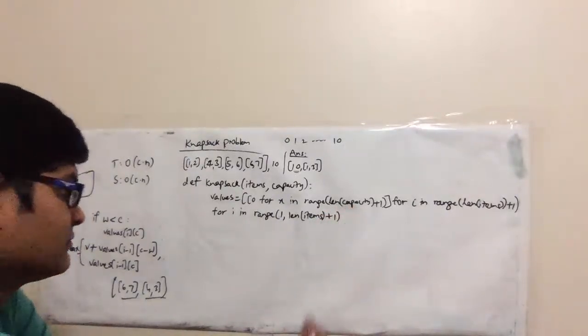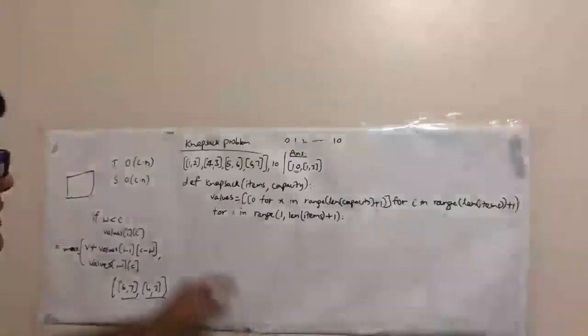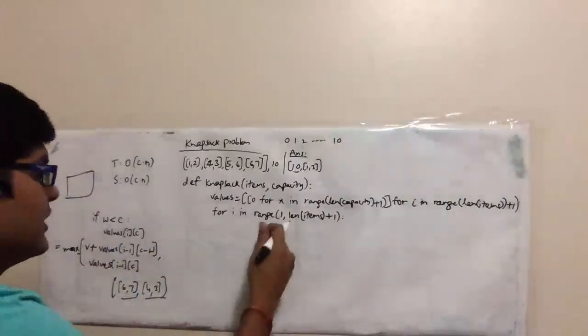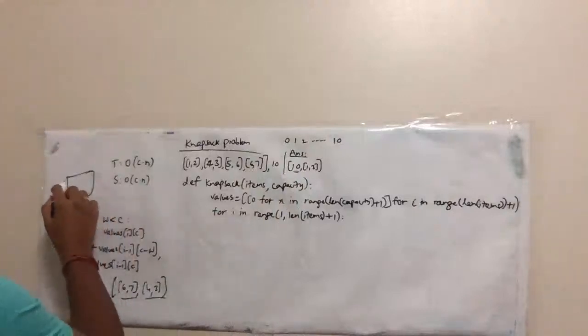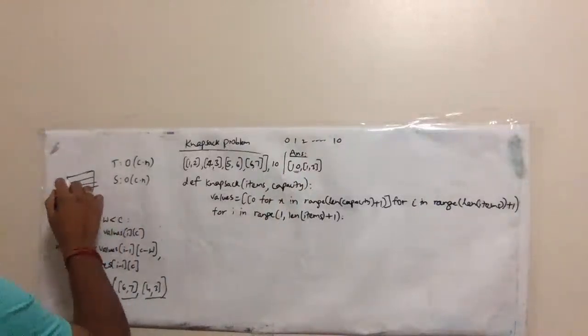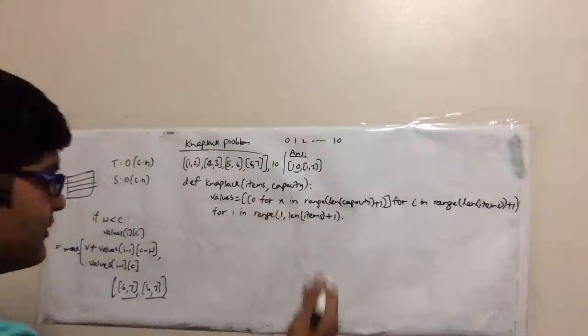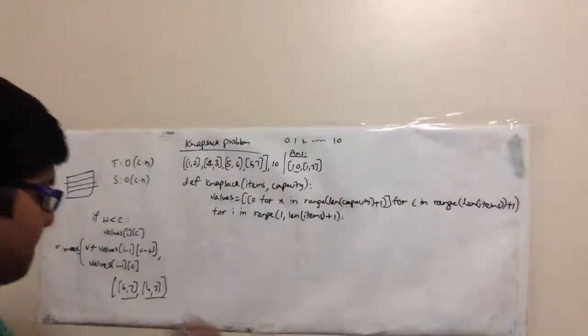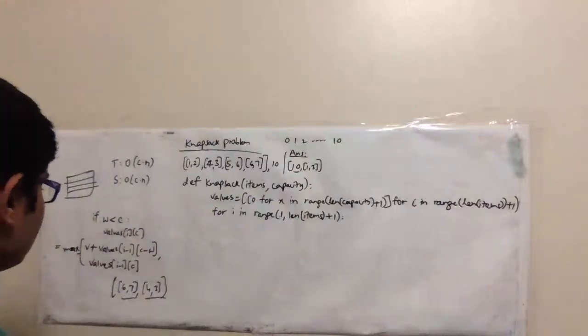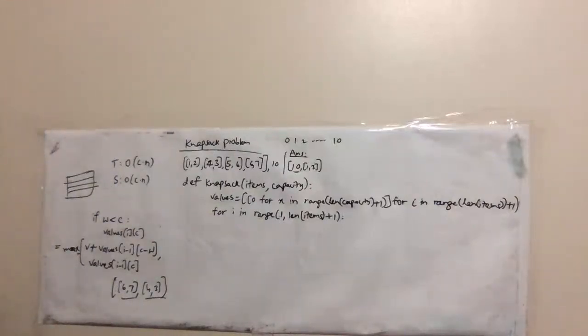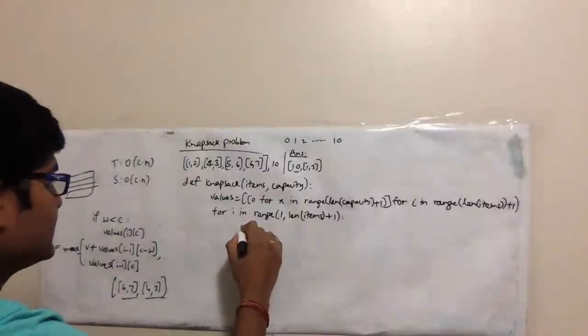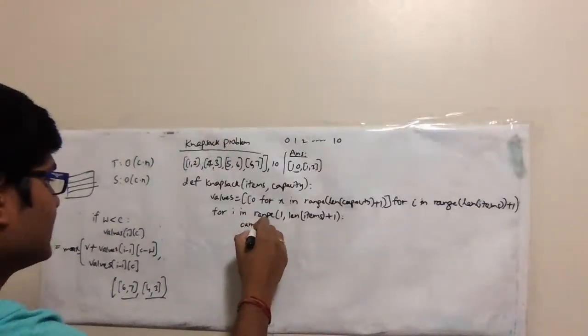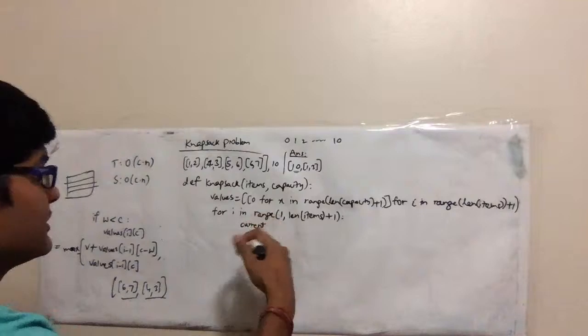So for i in range 1 to length of items plus 1. Okay, so we need to see what is the current capacity.